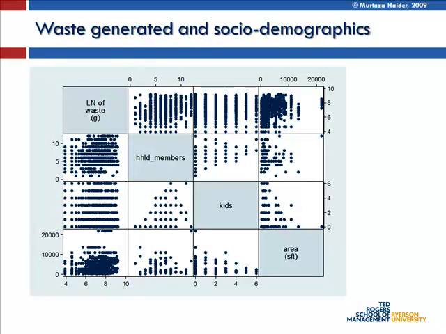Also, if you look at this matrix graph, scatterplot matrix, I have plotted the waste generated against three variables: household members or size of the households, number of children in the household, and the square footage of the built lot or the housing unit.